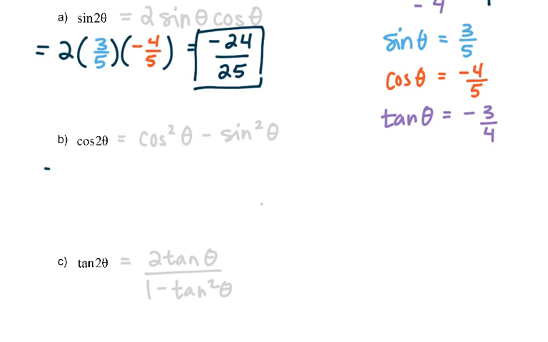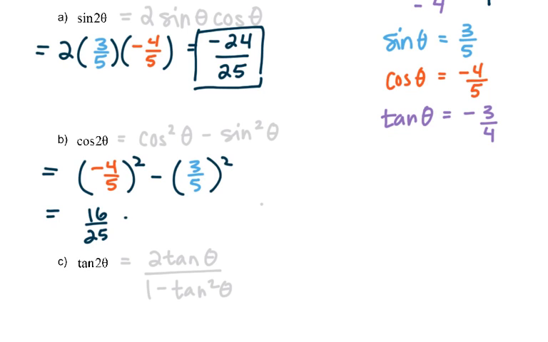So cosine 2 theta, that's cosine squared. So we've got negative 4/5 squared minus sine squared, which is 3/5 squared. Here I have 16 over 25 minus 9 over 25, and 16 take away 9 is going to give me 7 over 25.